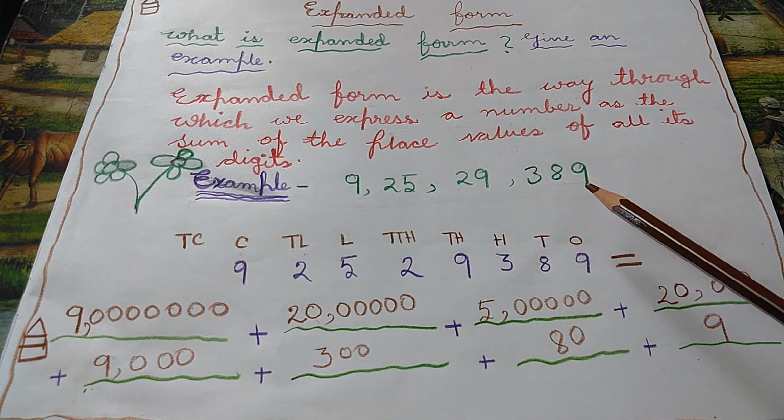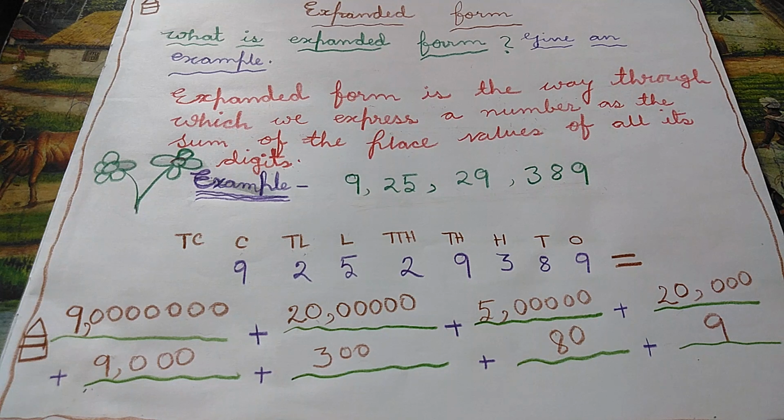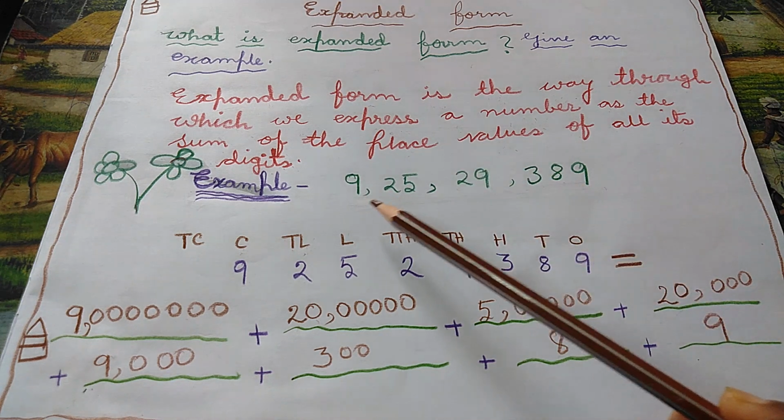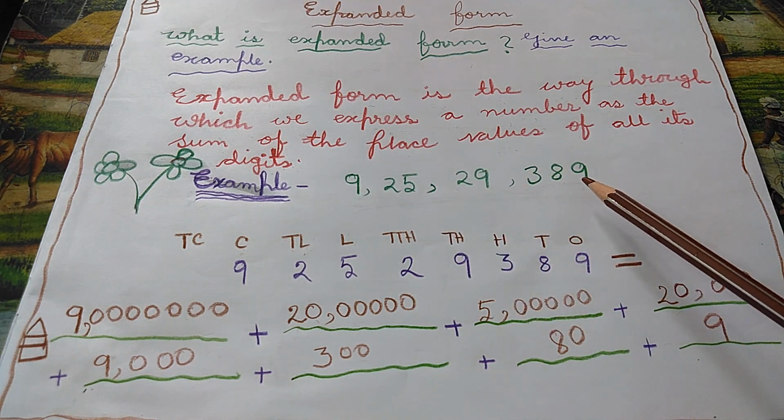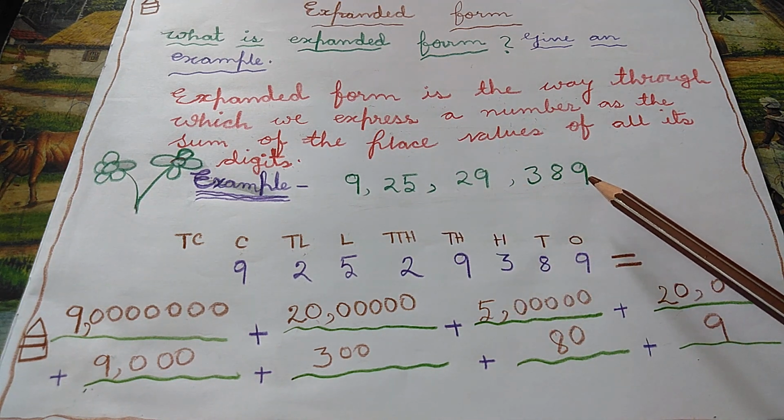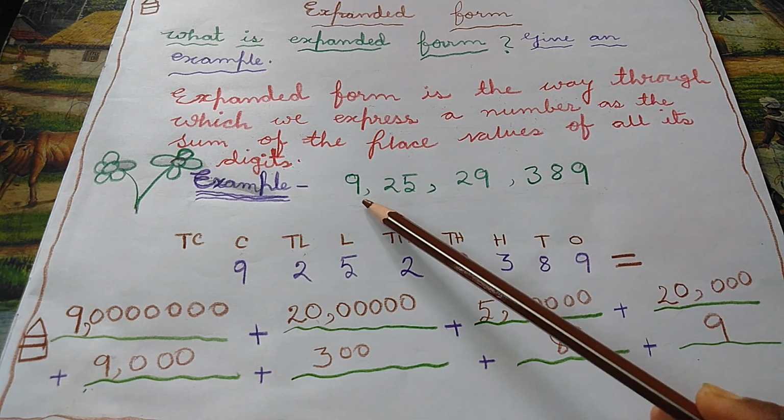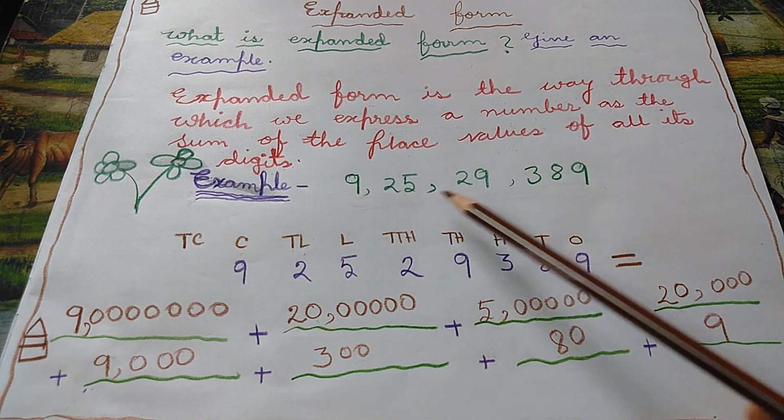Through this example, I will make you understand what is the expanded form of a number. See children, this is an 8-digit number. We have to write the expanded form of this number.